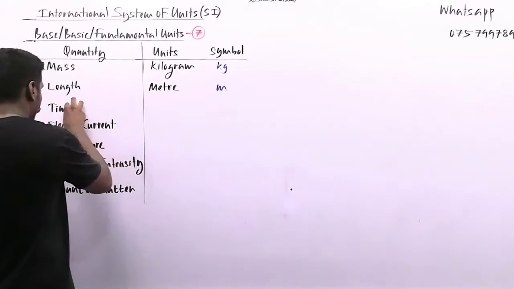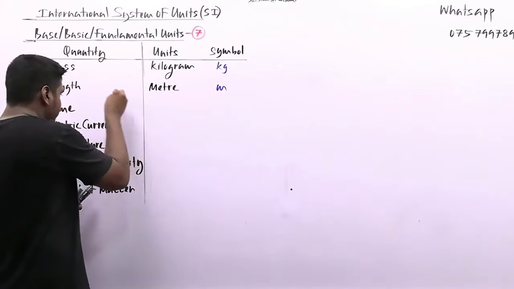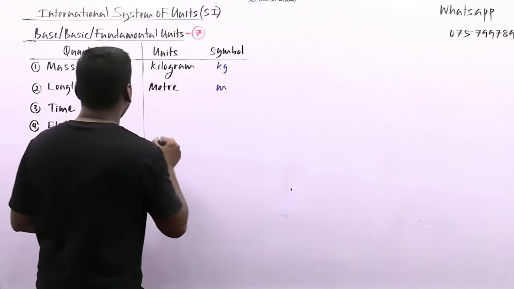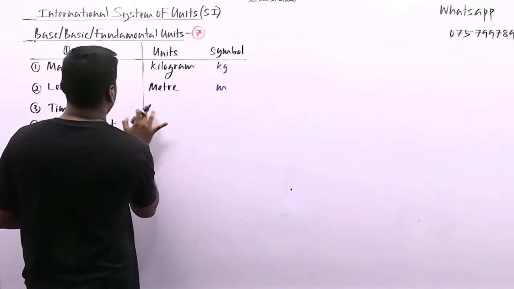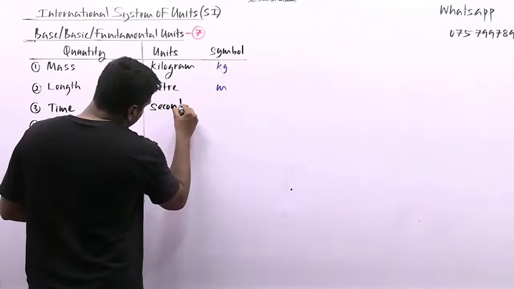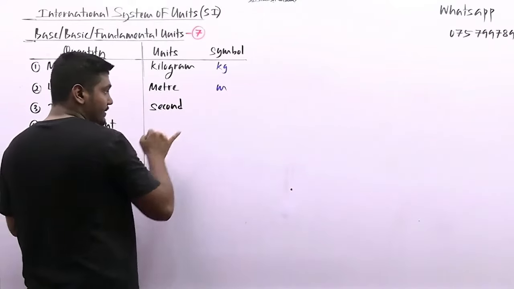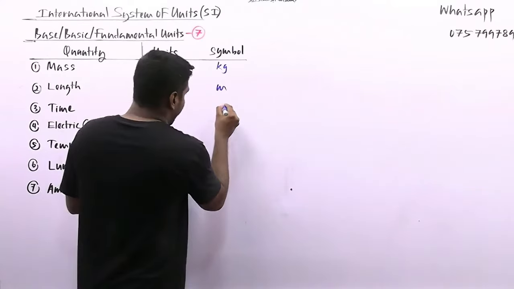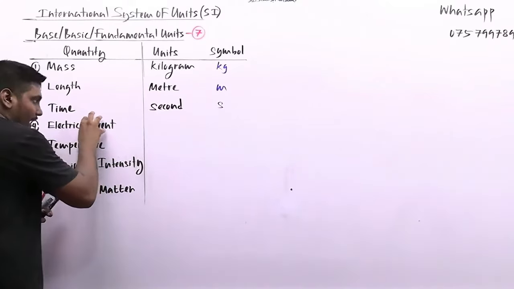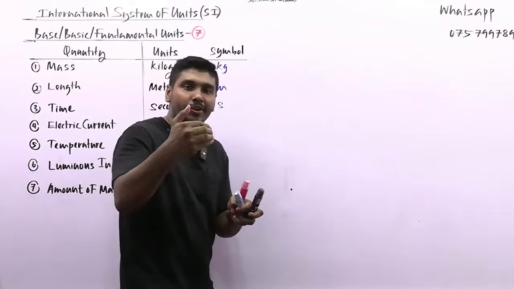And time is measured in seconds. The SI unit to measure time is the second. The symbol is not capital S, it is small s. And electric current, you might have learned at all levels.